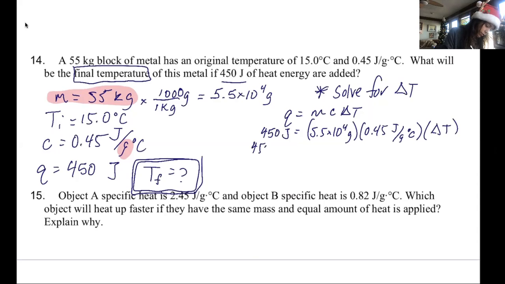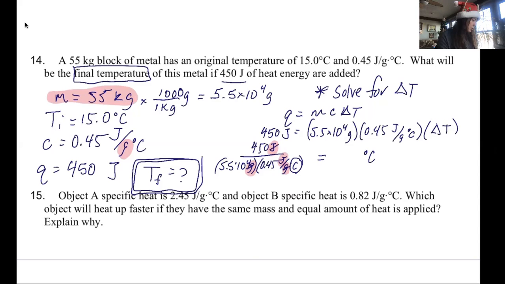So 450 joules divided by 5.5 times 10 to the 4th grams times 0.45, just showing all my work. I've got grams that cancel, top, bottom, and joules that cancel. Then I divide, so I get the inverse of my Celsius, and the final will be degrees Celsius. I like to look at my units.